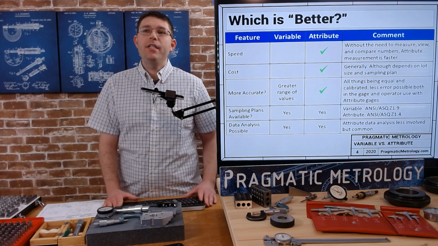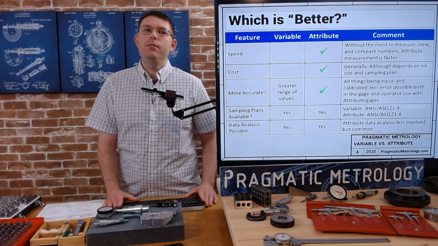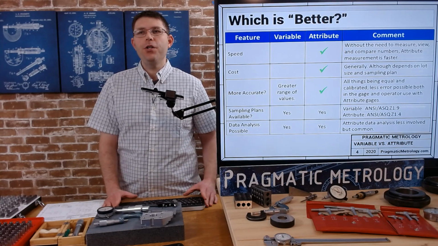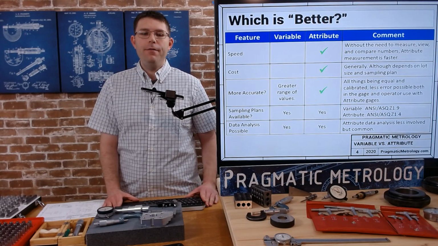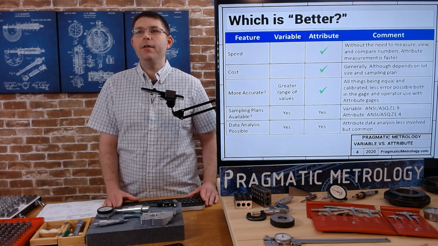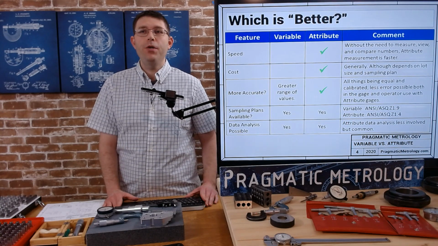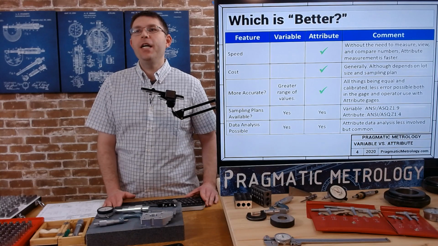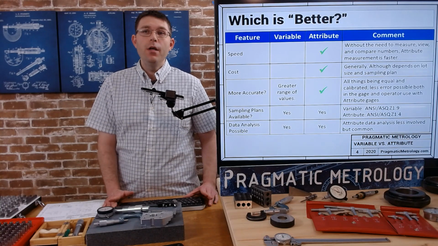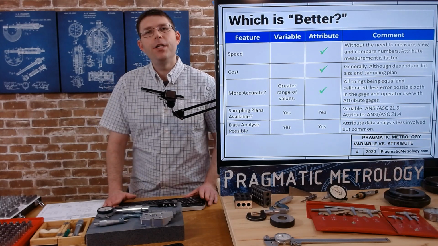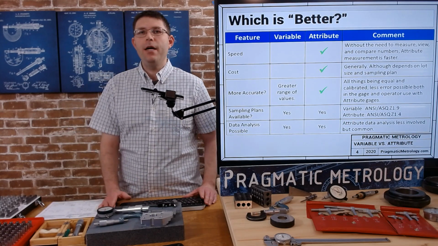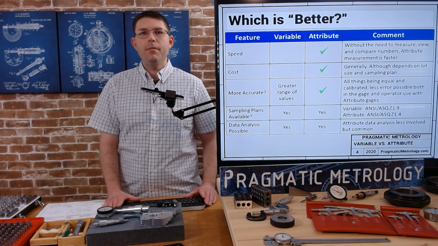Next one comes down to, well, kind of your business operation. Are you going to use a sampling plan? And both of them have a sampling plan available. So you have a variable plan, Z1.9, and you have an attribute plan, Z1.4. Now, I'm going to talk about sampling in another video, go into more detail with that, but basically there are sampling plans available.